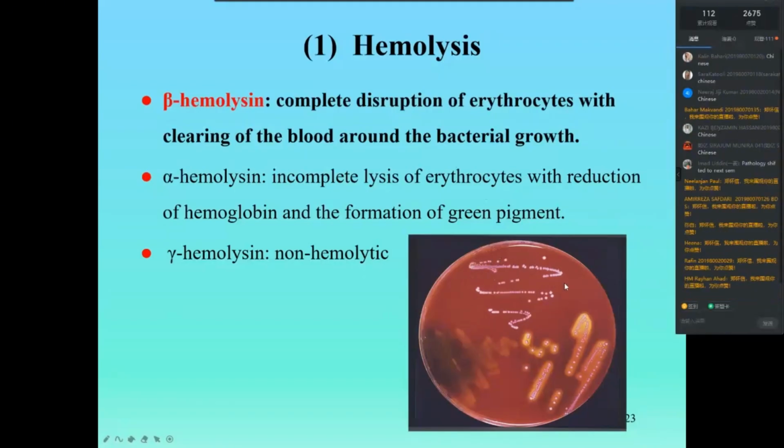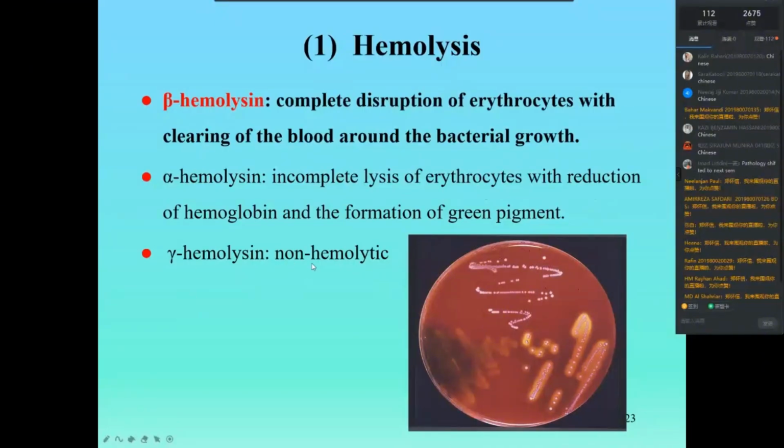You know, they have surface carbohydrates, and based on the type of surface carbohydrate, they can classify Streptococcus into different groups. Right now we have 17 different groups with letter names, like group A to H and group K to U.